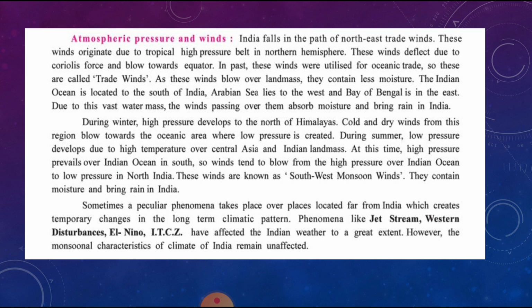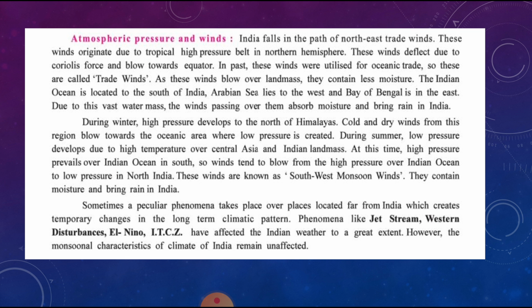During winter, as we have seen in the monsoon, cold and dry winds blow from the land to the oceanic area, where low pressure is created. I have explained before that during summer, low pressure develops due to high temperature over Central Asia and the Indian land masses.